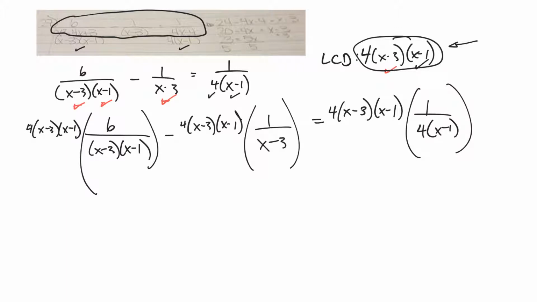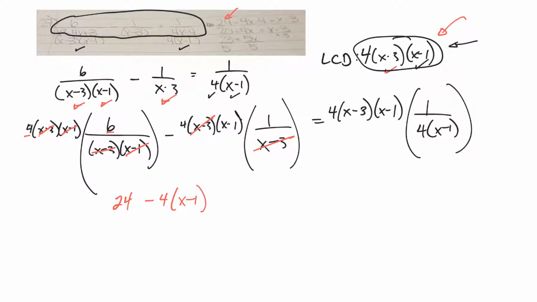Now I look for canceling stuff, and at this point, all the denominators should go away. As long as you pick the right lowest common denominator, it should all go. So the x minus 3 goes, x minus 1 goes, and you're left with 4 times 6. So that's 24. That's what you had up here. Okay, and then on the next one, the x minus 3's go, and so I have minus 4 times (x minus 1).